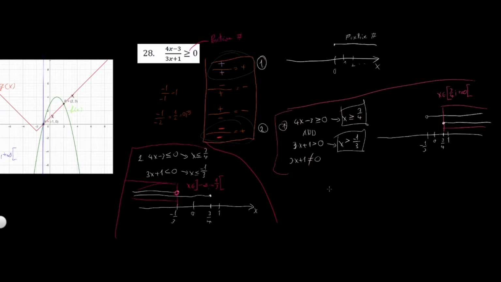You can write these down. The first solution is x is an element of the interval from 3/4 to positive infinity, and in the second case x is an element of negative infinity to minus 1/3. And that's it. This is how you solve it.